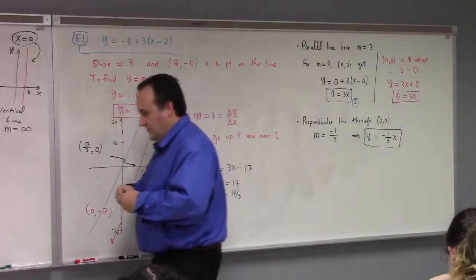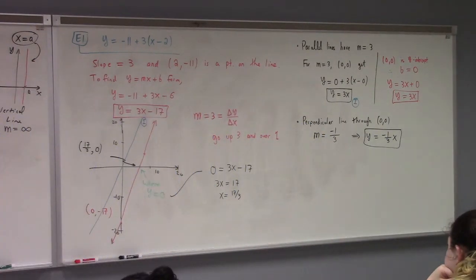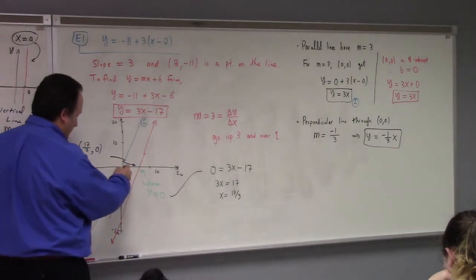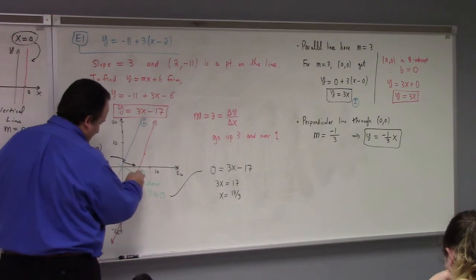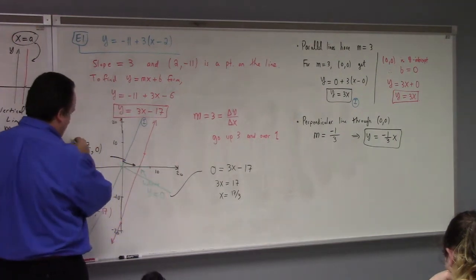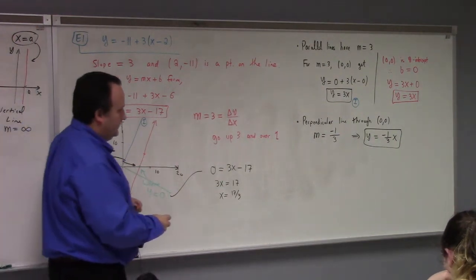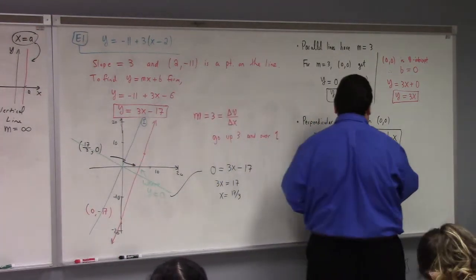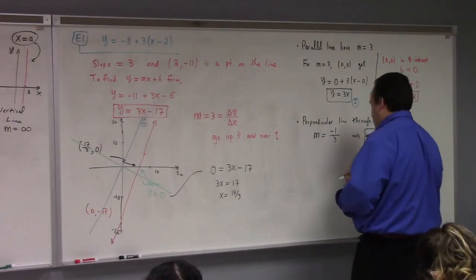And then the perpendicular one we found, I guess I haven't done anything green that much, is like this guy. So that's 2.